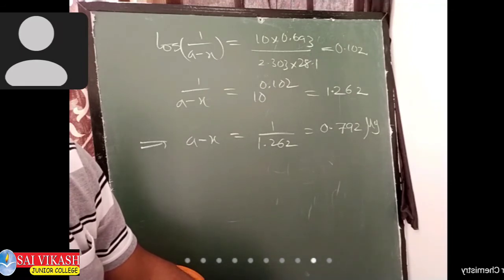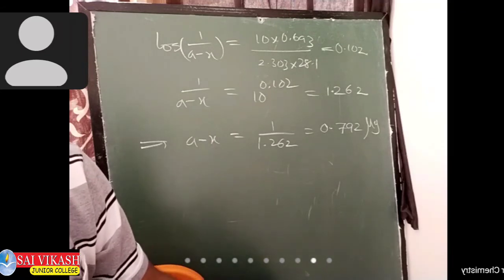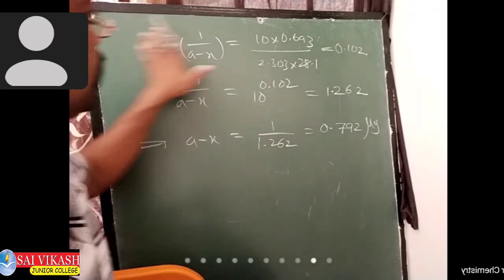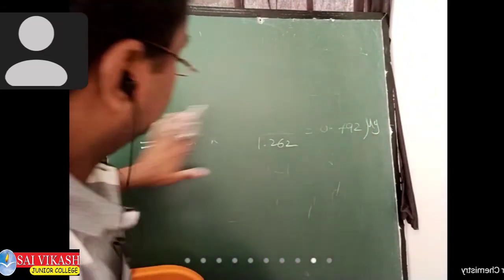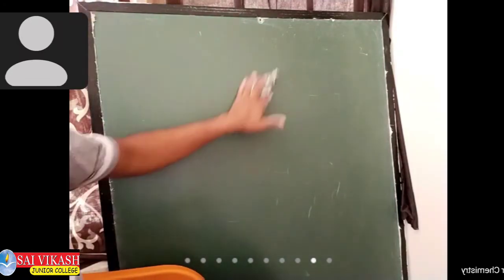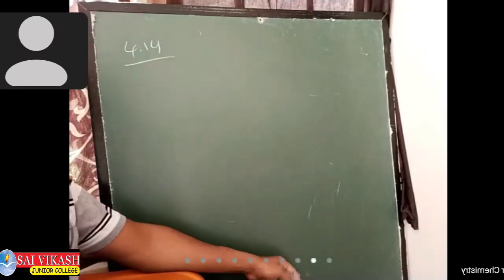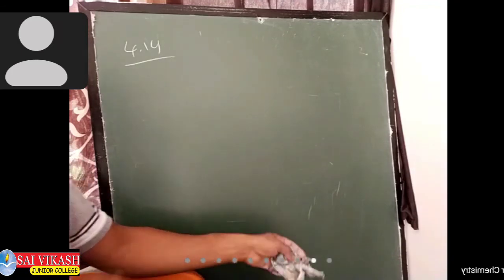Look at 1.4, also the same type. Half-life for radioactive decay of C14. Look, number 14. Exercise 4.14: the half-life for radioactive decay of C14 is 5730 years.